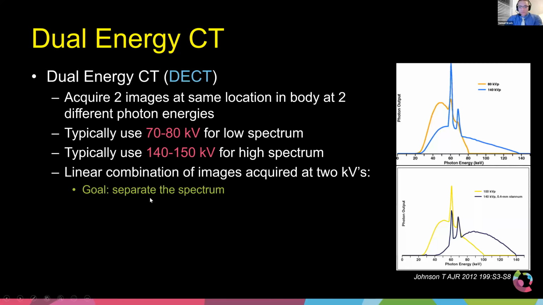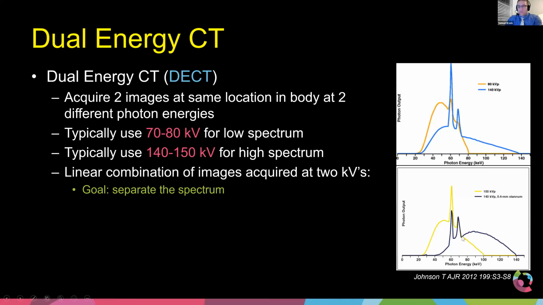The main goal of dual energy CT, by imaging at a low and a high kV, is we're trying to separate these two spectrums as much as possible. So you want the high kV to have predominantly high energies and few low energies, and conversely, the low kV to have more low energies and few high energies.